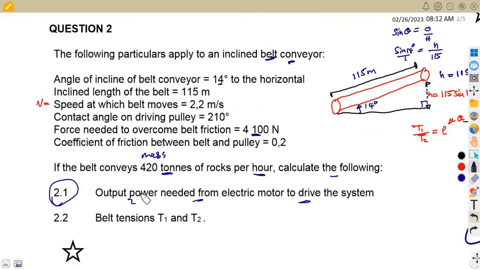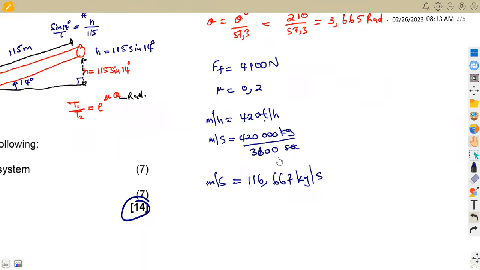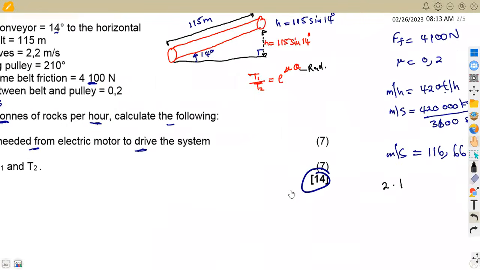This output power, when you are dealing with a conveyor belt, is the total of two powers that we are going to have.